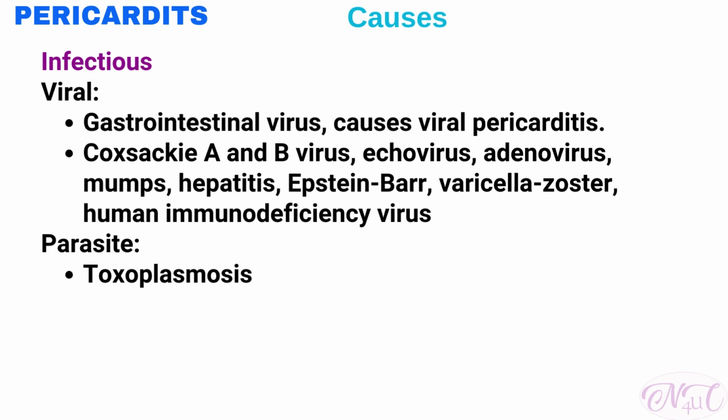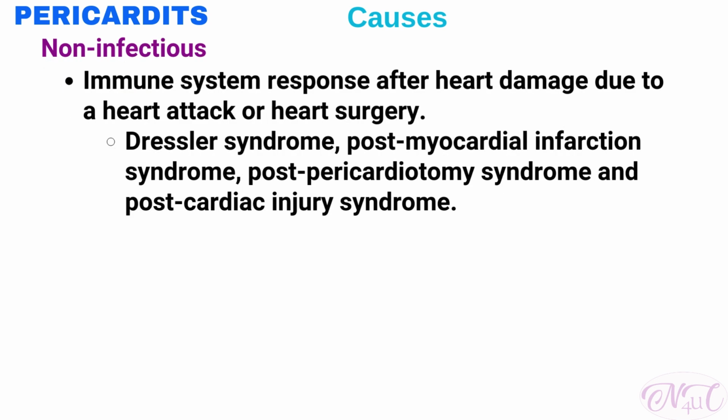Next are non-infectious causes. Immune system response after heart damage due to a heart attack or heart surgery. Other names for this include Dressler syndrome, post-myocardial infarction syndrome, post-pericardiotomy syndrome, and post-cardiac injury syndrome.